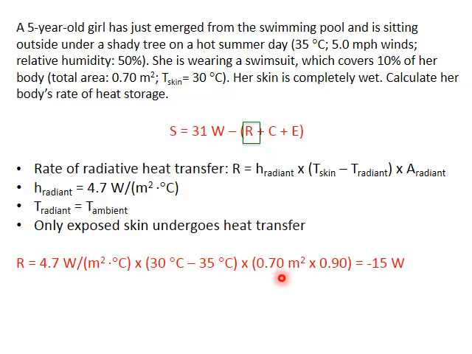And then we plug in 0.7 meters squared for her total body area and 90% for that which is exposed and can undergo heat transfer. When we solve for R, this results in negative 15 watts. The fact that it's a negative number means that she is actually gaining heat through radiation, and that's because the environment is warmer than her skin.